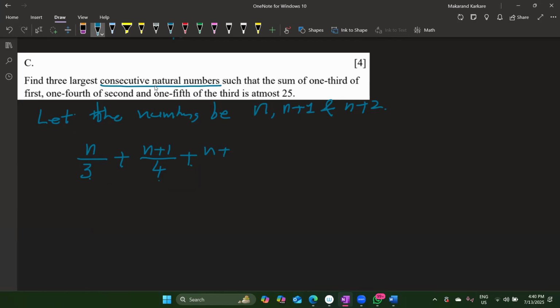So third number is n plus 2 upon 5 is at most 25. So that would mean less than or equal to 25. And don't forget, n belongs to natural numbers.